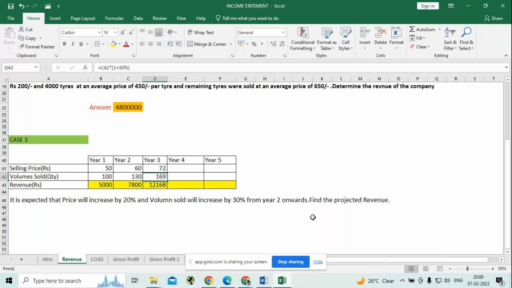So year on year calculation. Okay, so this is year on year increase calculation. Is that understood, everyone?